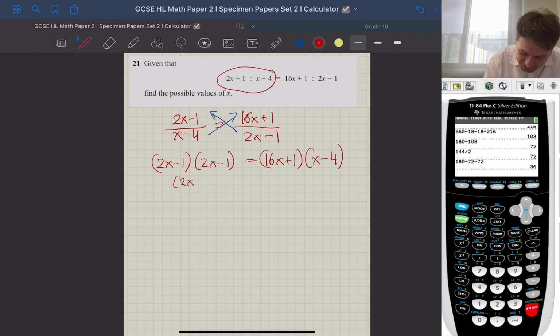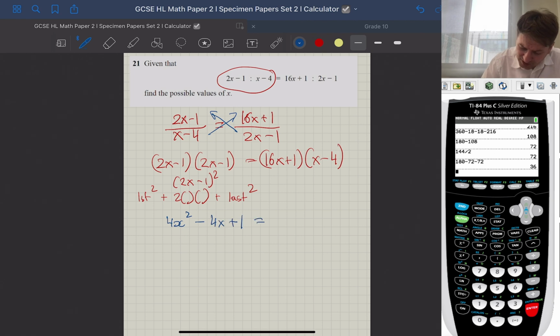When we expand the bracket, we're always going to have the first term squared, then plus 2 times everything inside those two terms, and then the last term squared. So we are dealing with 2x squared, which is 4x squared, minus 2 times 2x times 1, which is minus 4x, and then plus 1.